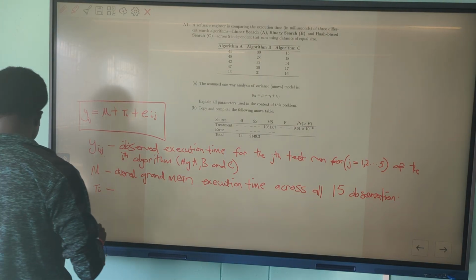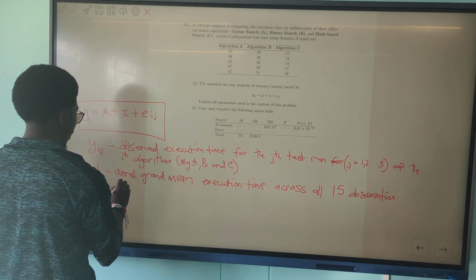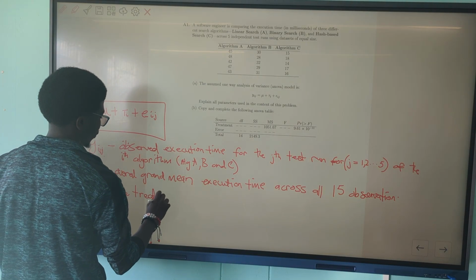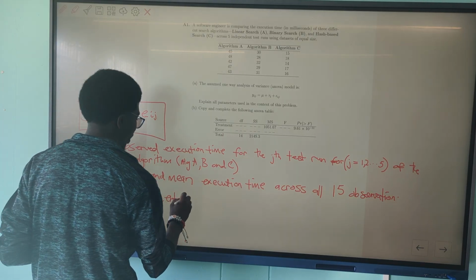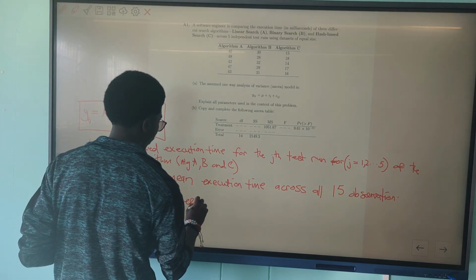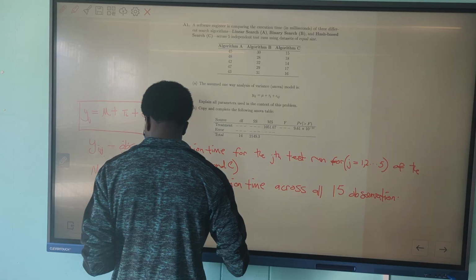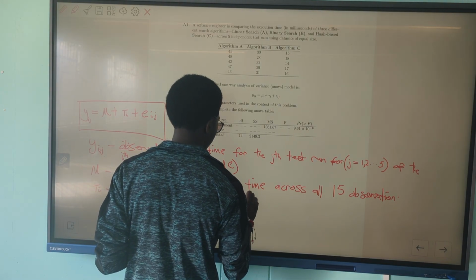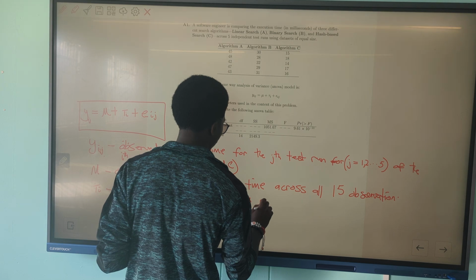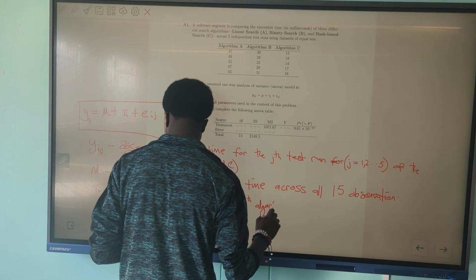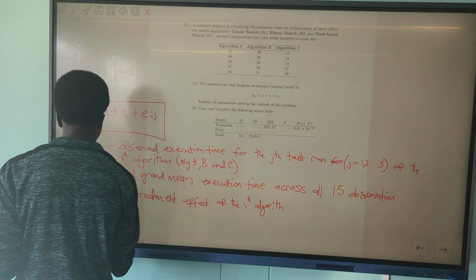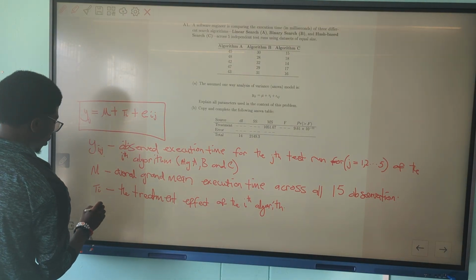This means the treatment effect of the ith algorithm. Let's move on to the last one.